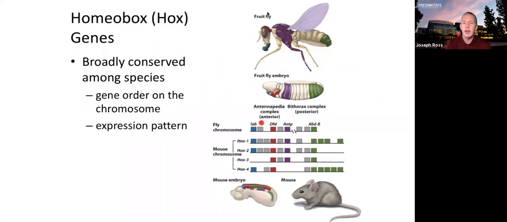The fly has 1, 2, 3, 4, 5, 6, 7, 8 shown here in this cluster. There are more. And if you look in mice, remember we just mentioned that there are 4 sets of clusters, or the 4 clusters rather. The cluster 1, cluster 2, cluster 3, and cluster 4. They're on different parts of different chromosomes in the genome of the mouse. But look at the genes.